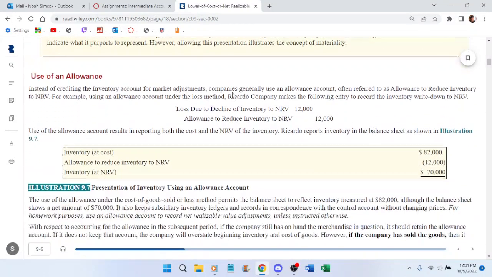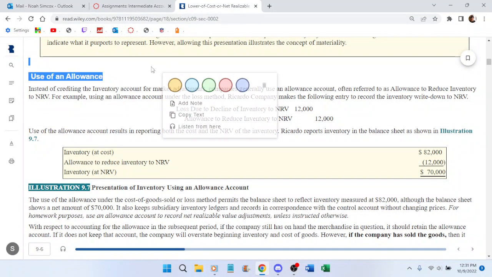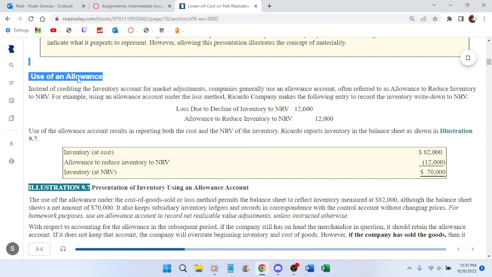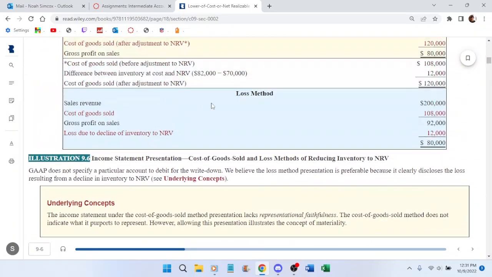Allowance. Yay! Okay then. If companies generally use an allowance account instead, then why don't you just do that originally?